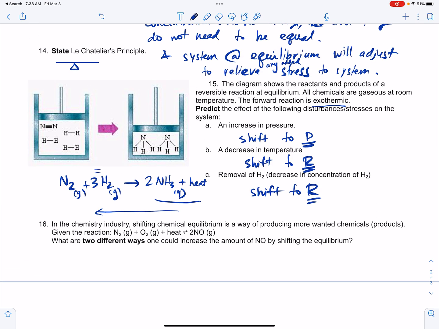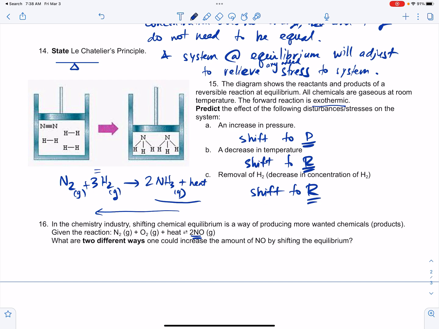In the chemistry industry, shifting chemical equilibrium is a way of producing more wanted chemicals. Given the reaction, N2 plus O2 gives you heat, what are 2 different ways one could increase the amount of NO by shifting the equilibrium? All right, I want to increase this, okay? One way, there's several ways, okay?